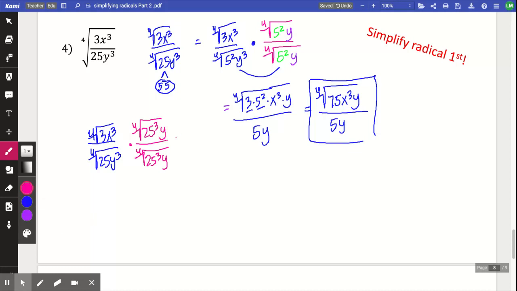When you multiply on top, you're going to get a really big number. 25 to the 3rd times 3, you would get the 4th root of 46875. You would have to find groups of 4 to bring out. So it's just easier the way we did it, by rewriting 25 as 5 squared.